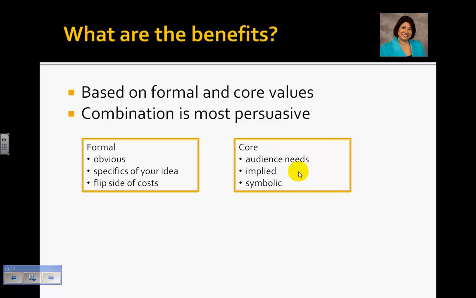These are the implied values, the symbolic values. So the most famous example used in marketing is the drill. You're not actually selling a drill. Part of the core value might be you're selling the hole, and that hole is what the drill delivers for you. Now, some proponents of really connecting to core values will say, well, that's still too obvious. Obviously, you buy a drill to make a hole.